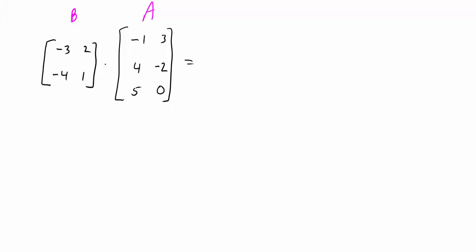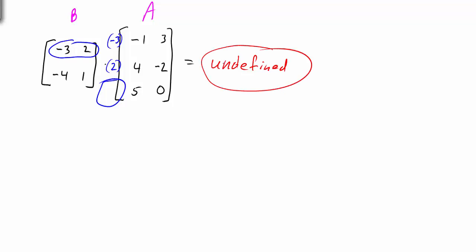And if you look at this closely, you're going to say, well, the answer is no. If we were to take the negative 3 and 2, and we try to multiply that here, we would have a negative 3, we would have our 2, but then notice we don't have a number to multiply here. So in other words, they do not match up, so therefore this multiplication is not possible, or it is undefined.